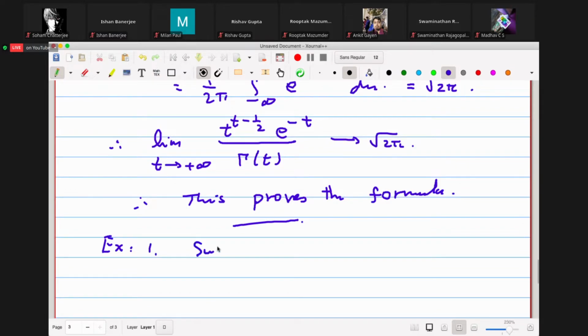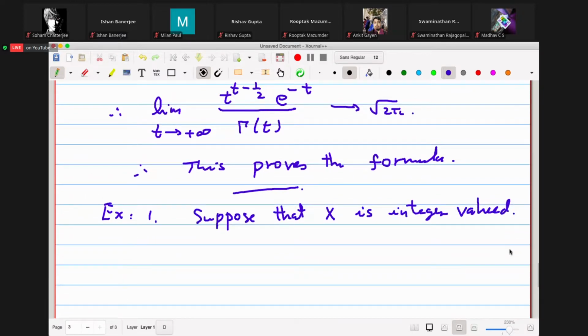Suppose that x is integer valued. Okay. So in one of the assignment problems also there was a bit of vagueness in the language, but it is okay as written.